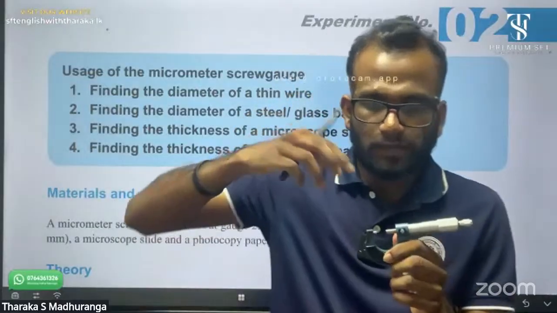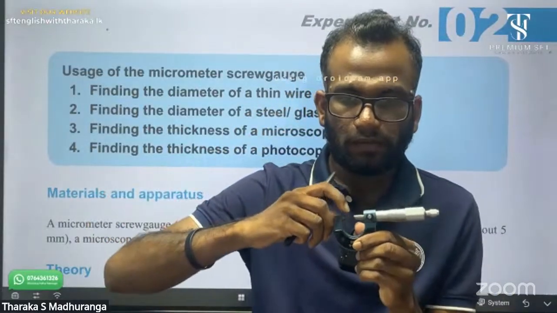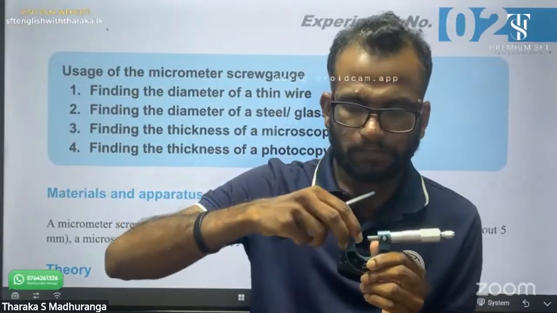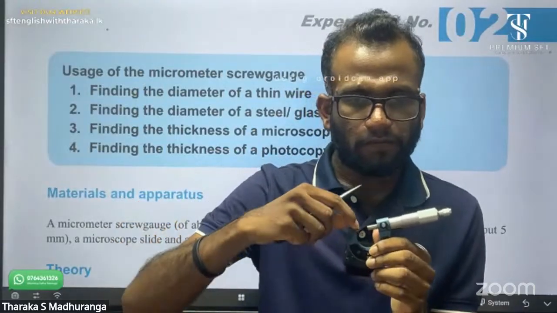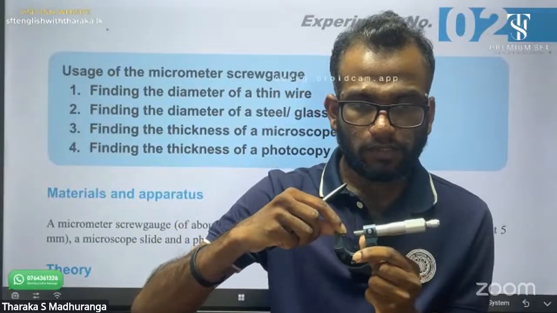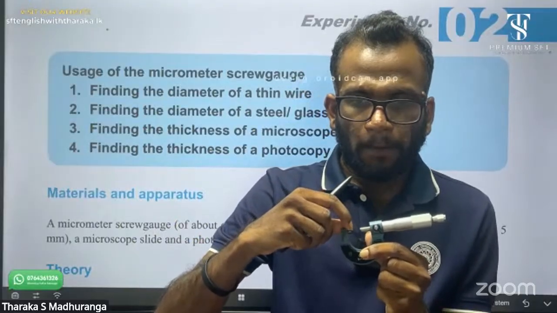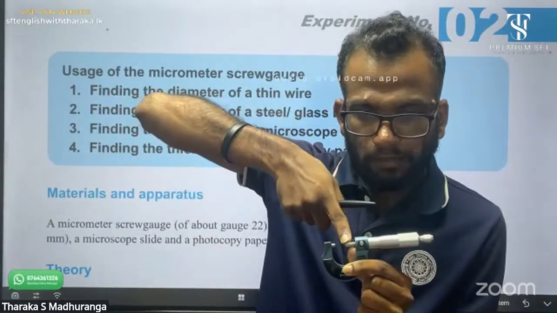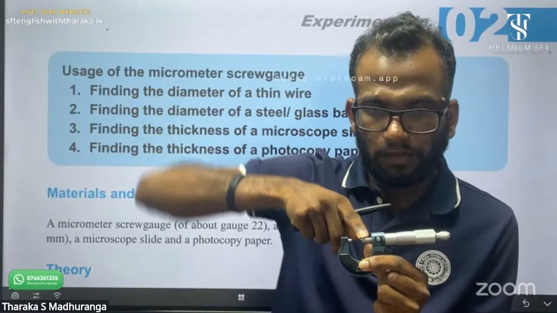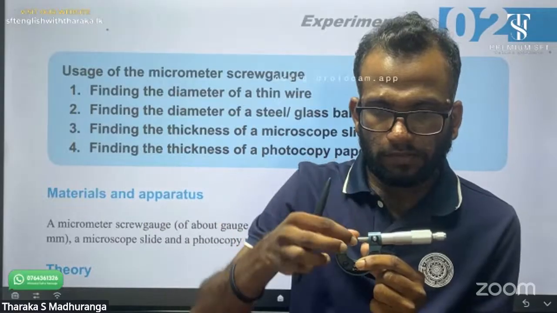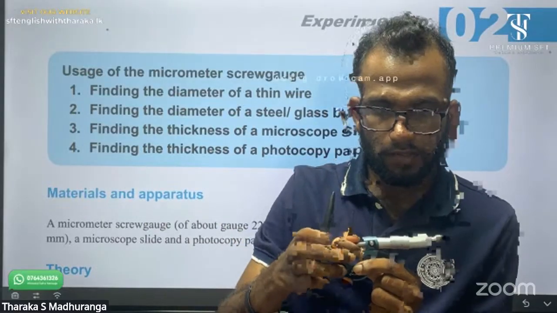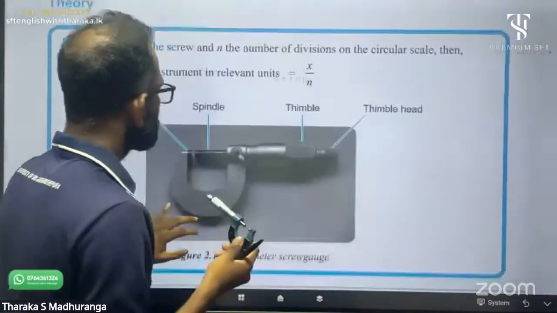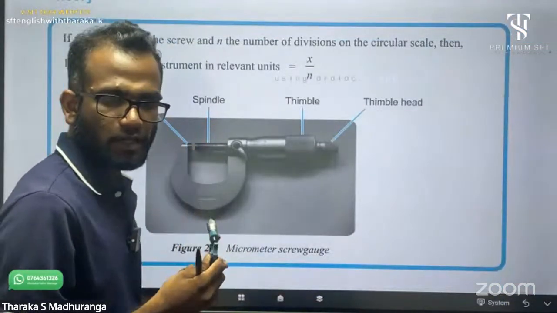What's the name of this part? Anvil, good. And the spindle. The next solid part is the spindle.